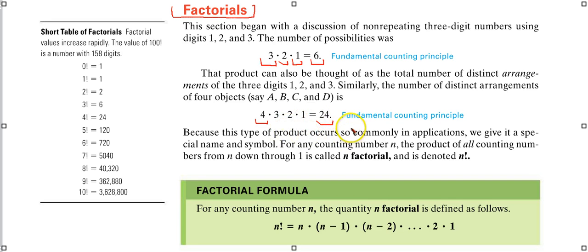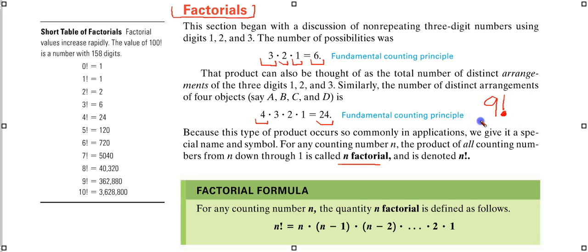Now, another way of referring to when we start with a high number and start going down like this is to say n factorial, where you say, for instance, 9, and the symbol for factorial is an exclamation mark. So 9 factorial simply means you're going to start with 9, then 8, 7, 6, 5, etc., and then multiply them all together.